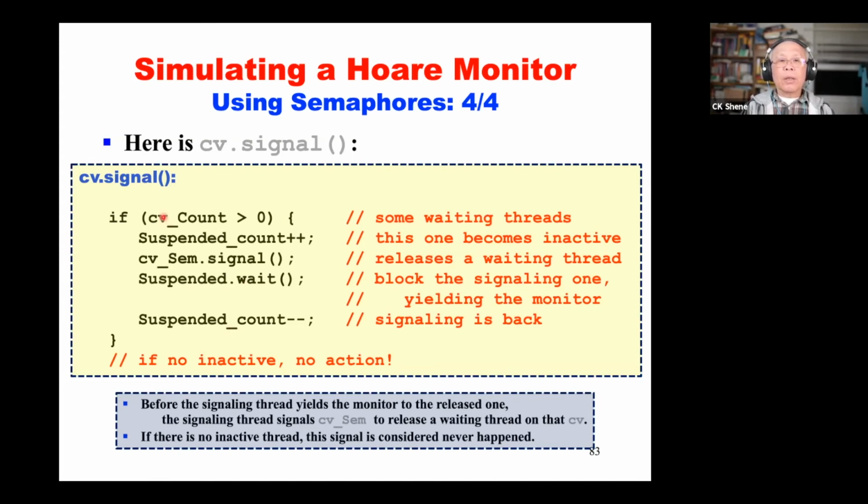On the other hand, if the condition variable count is not greater than 0, which means no one is waiting, then we do nothing and exit. So this simulates the condition variable signal. If you want, feel free to pause before we continue.